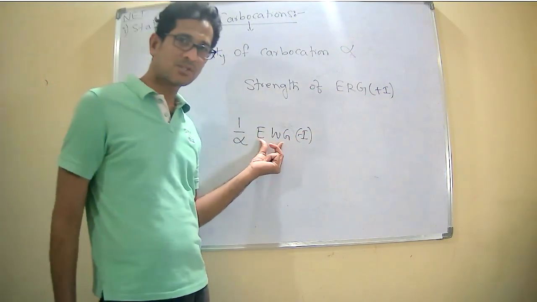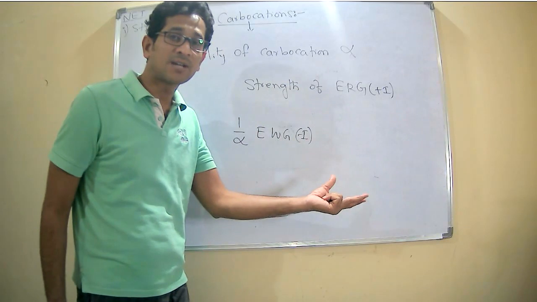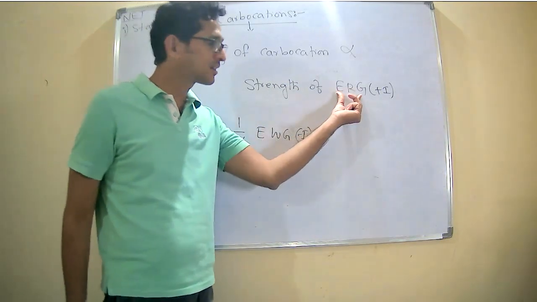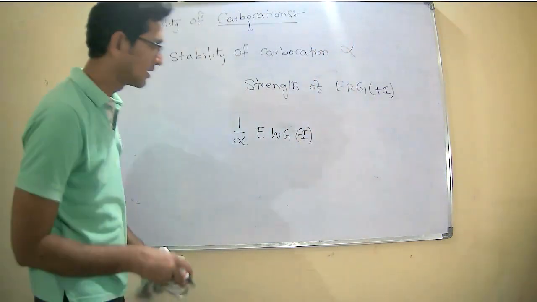That means the presence of an electron withdrawing group decreases the stability of a carbocation, and the presence of an electron releasing group increases it.